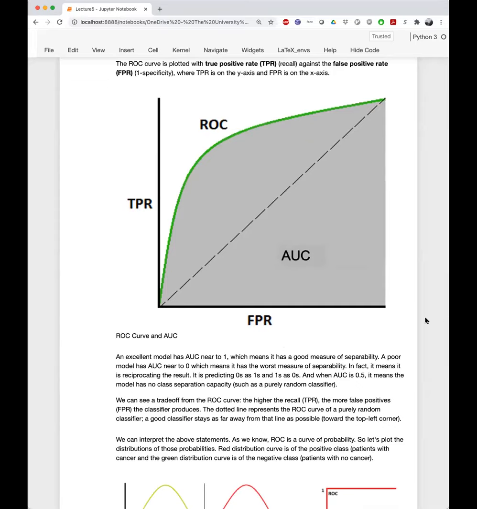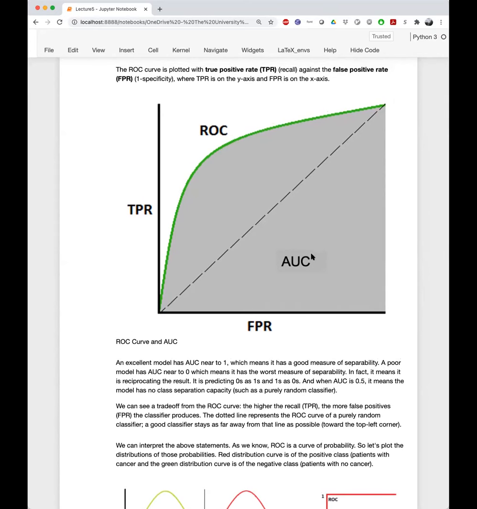This is 1, so that's just 1/2, 0.5. So if your AUC is 0.5, that means your model is actually the random classifier. So at least you should have a model whose ROC curve is above this straight line. For example, this is not a good model, but it is better than the pure random classifier.